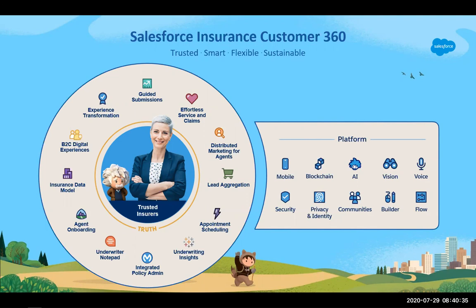So the first, let's look at that circle right in the center. It really is that single source of truth for the customer across sales, service, and marketing, really all of your points of interaction. And each one of those little icons that you see around the Customer 360 wheel represents a different business application. And there are little examples in there of the different use cases for how insurers are leveraging those business applications that are available on our platform.